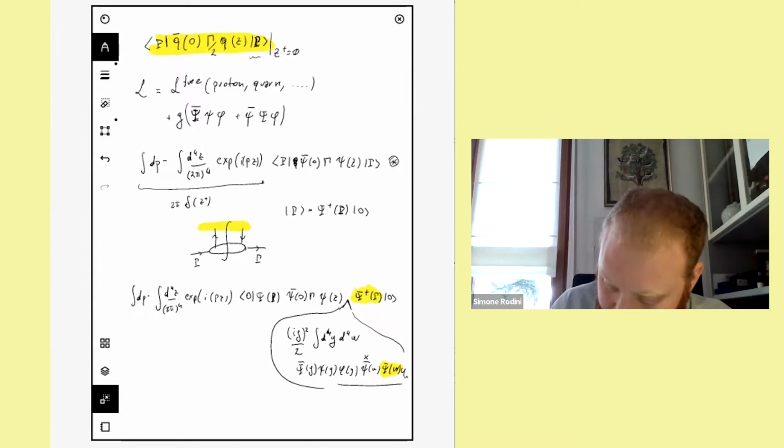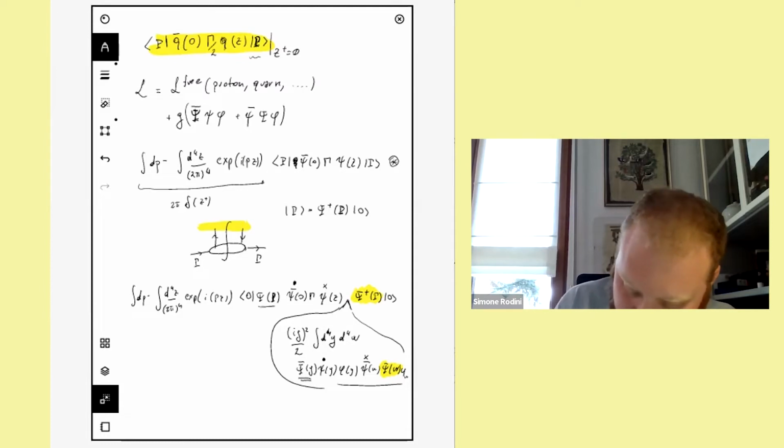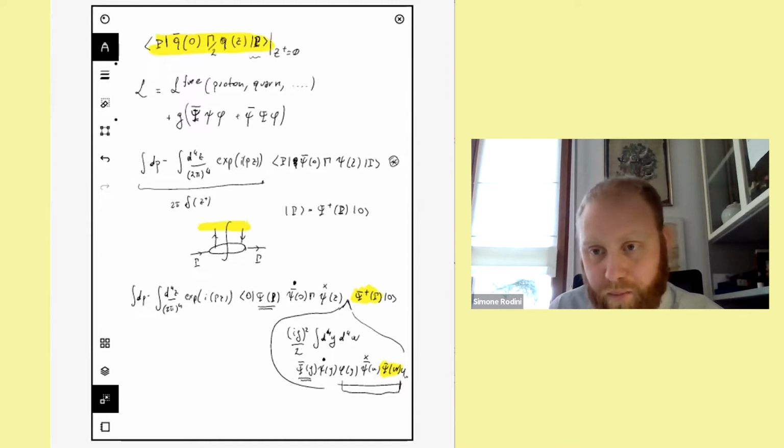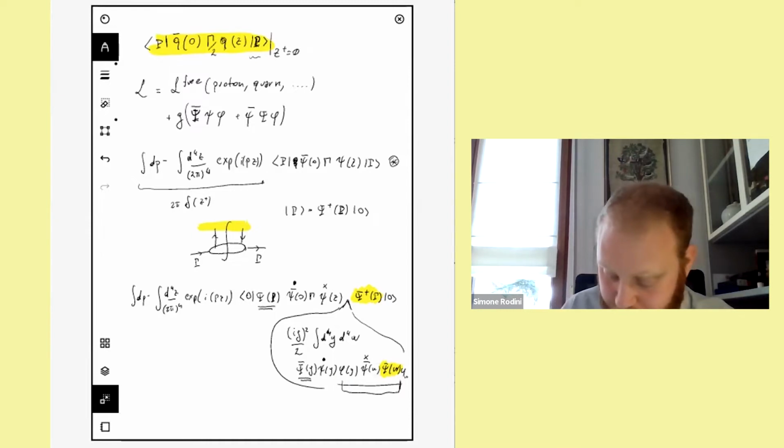You contract this psi bar with this psi, then you go through the chain and contract this psi with this psi bar, and then your proton state is saturated with this psi bar of y. And of course, you have nothing else to do than contract your dipole fields, these scalar fields.